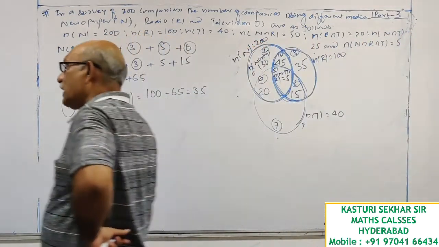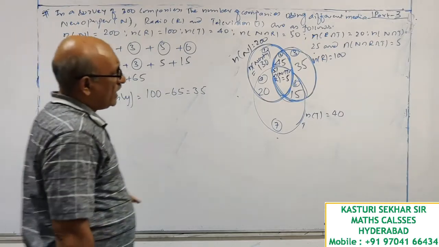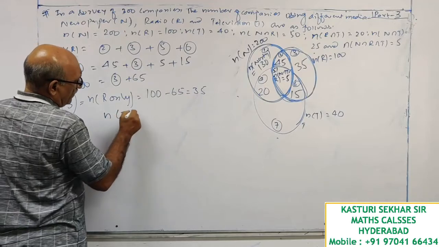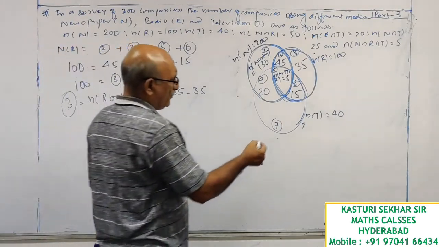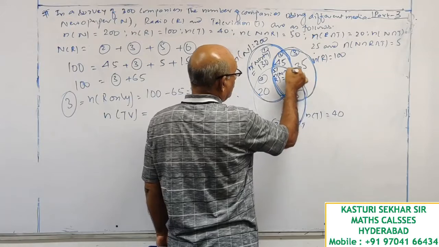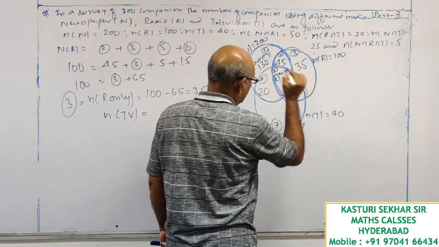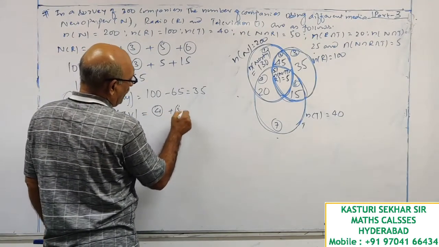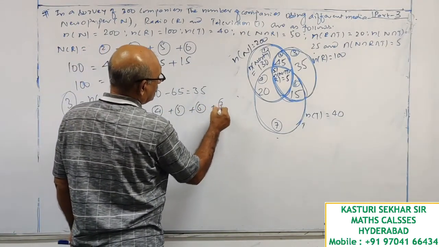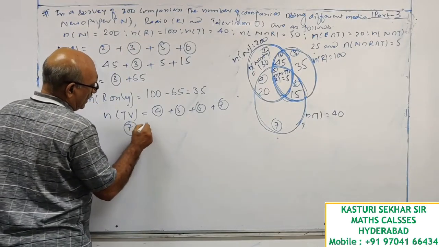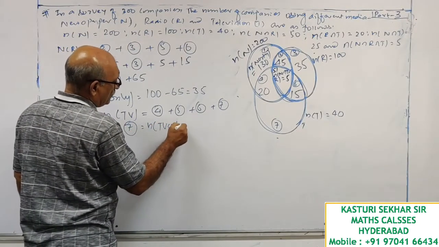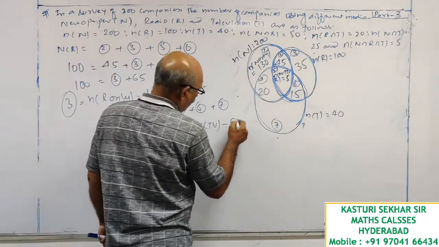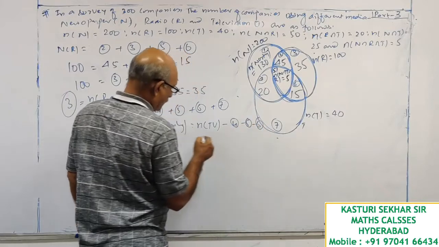Okay, one more calculation is over. What is left for me? 7. This is n of TV, this part. It is divided into 4 plus 5 plus 6 plus 7. So 7 is equal to n of TV only: n of TV minus 4 minus 5 minus 6.